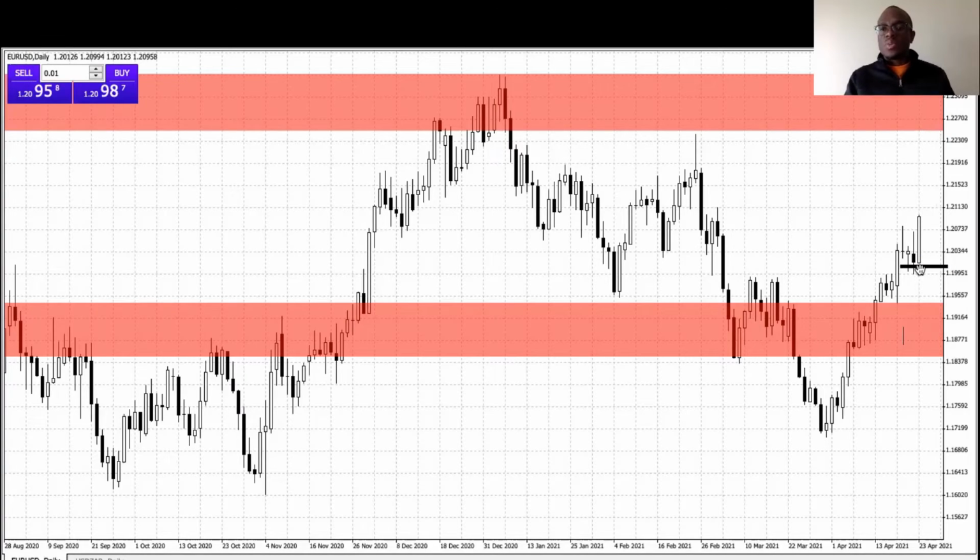And in a case where the price, on the weekly chart, seeks to retest this zone, what we'll be expecting is that upon reversal from this high, the price is going to form a lower high, pull back to a lower low, pull back to form a lower high, and then come to retest this zone.